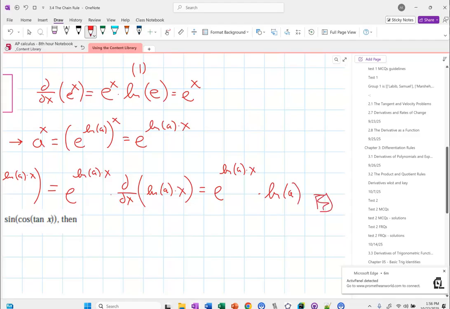And that's exactly what we wanted to end up with. That was the statement that we started with, that we're trying to prove. Does everybody feel good? So again, new derivative shortcut to add to your list of things to memorize.